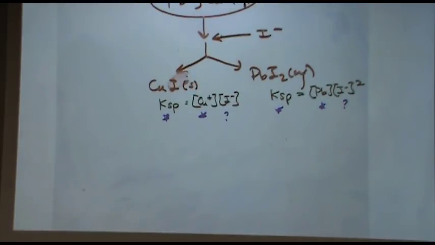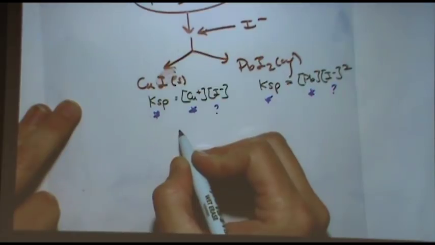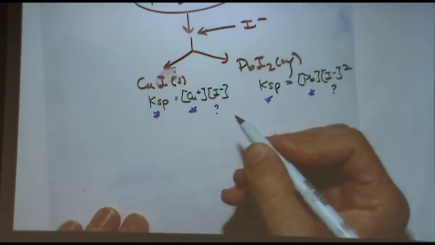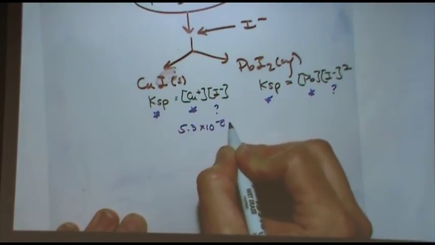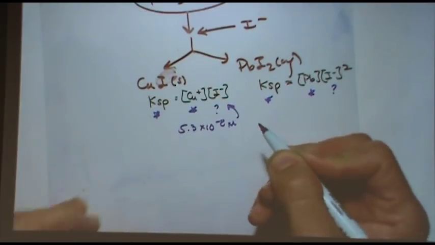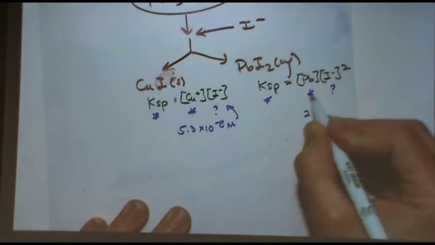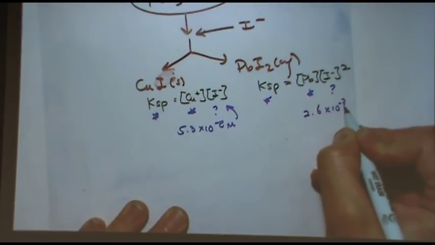Not all of you might have seen this question, but let me just review some of the numbers we had. When we solved this for the copper, I got 5.3 times 10 to the minus 8 molar for this one. And for the other one, so all these other numbers were given, I got 2.6 times 10 to the minus 3 molar.